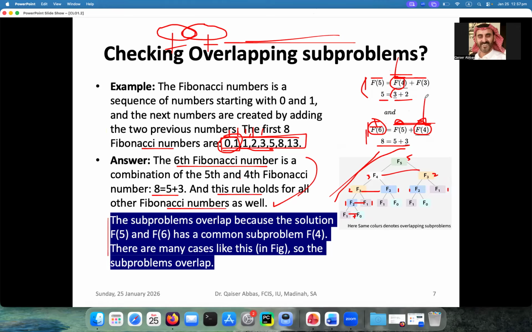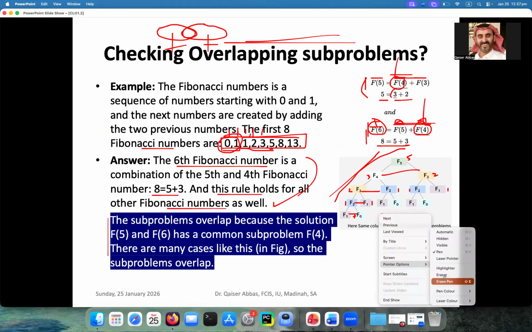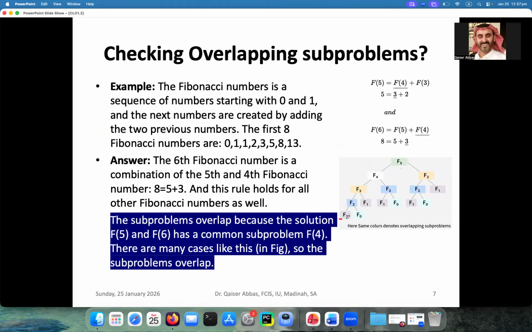These are repeated subproblems. And if you even look at this tree, for example, here with different colors, this F1 is here the first time, then it is called here, calling here. So F1 is repeated many times in this simple tree.